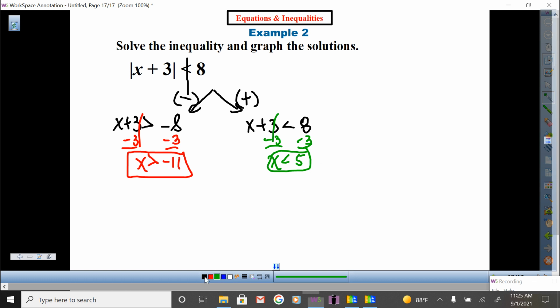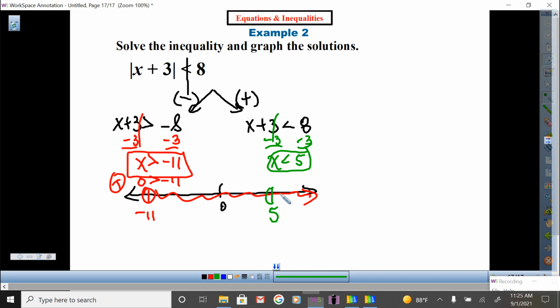Okay, good. There goes the graph. 0. I'm going to graph this one first. -11 over here. Open point because it doesn't have an equal sign. I'm going to check with 0 in here. Is 0 greater than -11? Yes, that's true, so I'm going to shade towards 0. Next, 5 is somewhere over here.